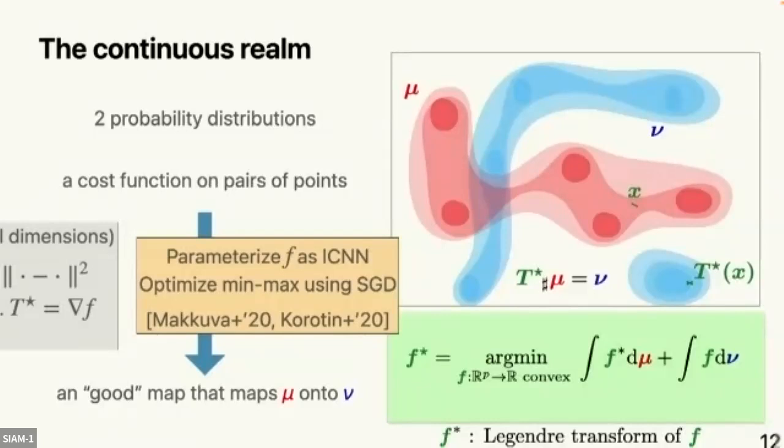That function f star needs to satisfy this equation: it has to be the minimum of some integration of f, the Legendre transform of f, plus f itself on the second measure. In other words, using a few duality theorems, you can fall back on this type of optimization problem to solve this. You will get that the optimal transport is the gradient of f, given that f is the solution of this.